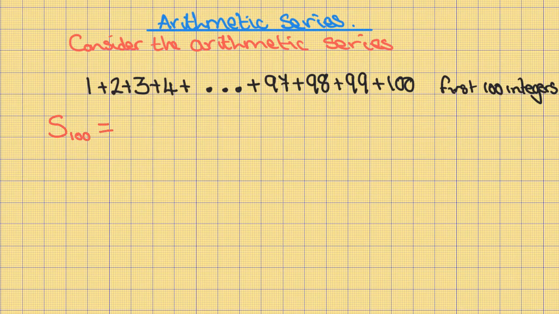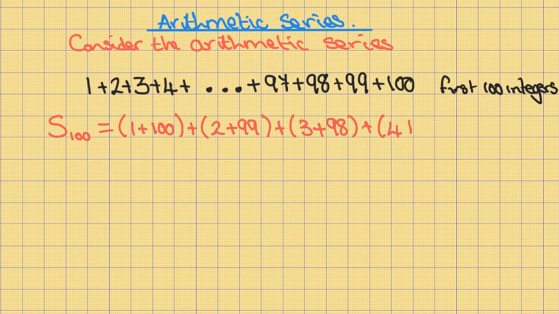If you look at the series, if we take the first term 1 and add it to the 100th term 100, then take the second term 2 and add it to the 99th term 99, then take the third term 3 and add it to the 98th term 98, then take the fourth term 4 and add it to the 97th term 97.